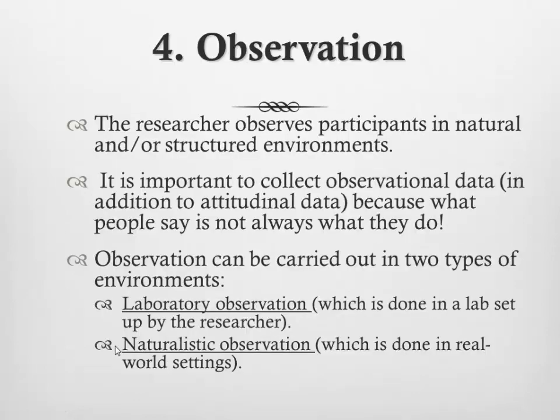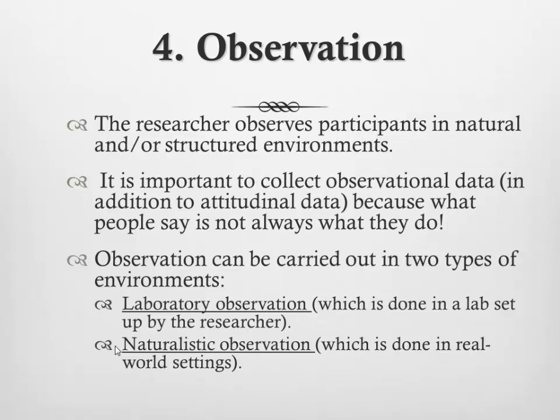Number 4, observation. And here's, in this method, the researcher observes participants in natural or structured environments. It is important to collect observational data in addition to attitudinal data, because what people say is not always what they do.